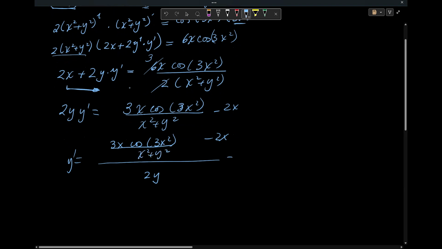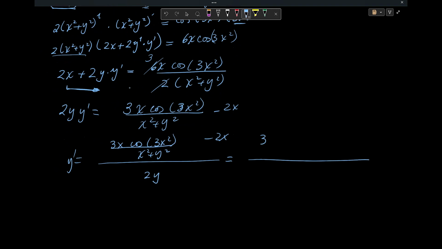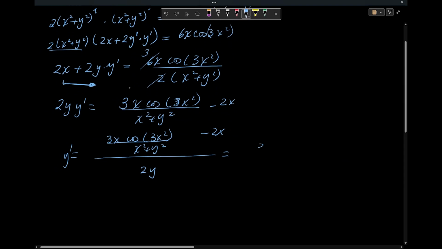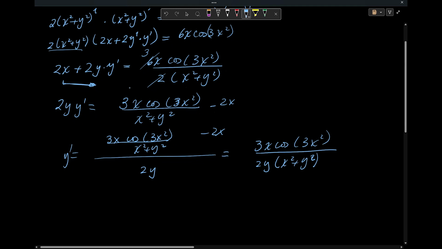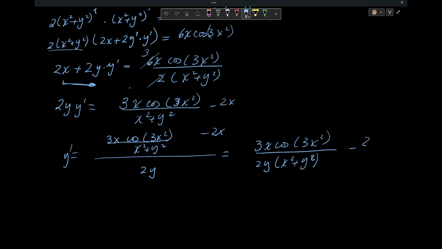Or maybe one simplified version. So that will be 3x cosine... 3x squared over 2y. And then I'll have minus x over y.